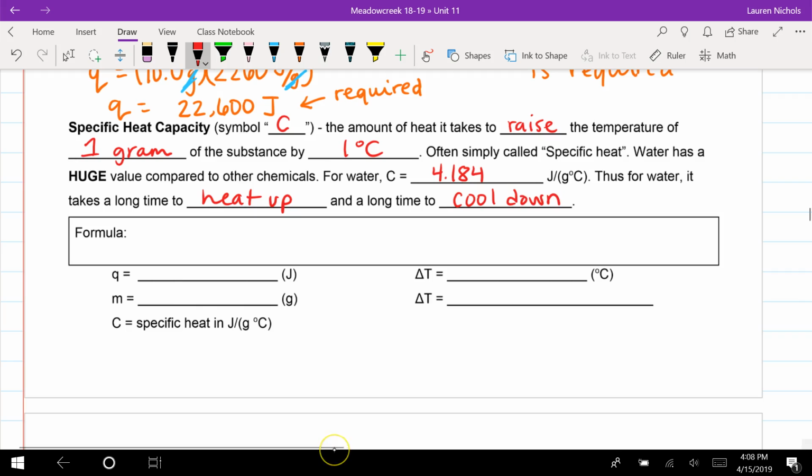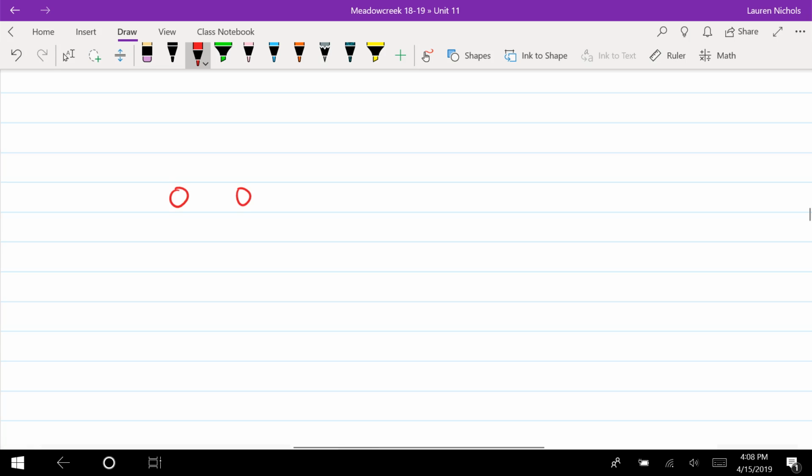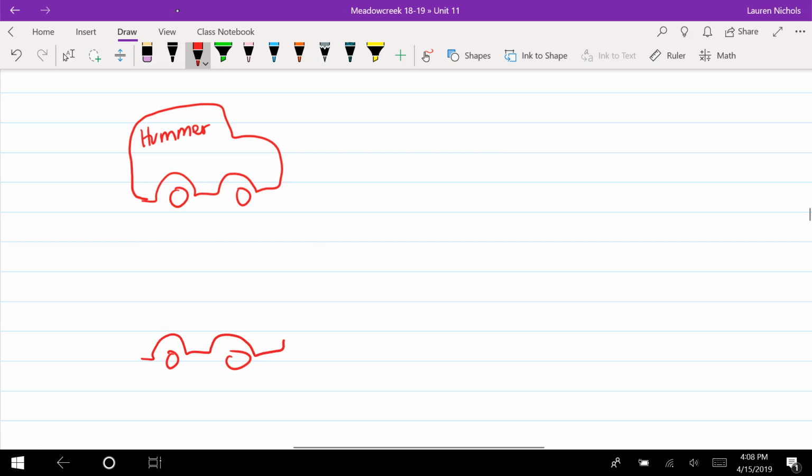One way that I like to think about it as an analogy is imagine that you have 2 cars. The first car is a Hummer, and the second car also starts with an H, but is a little different. It's a Honda.